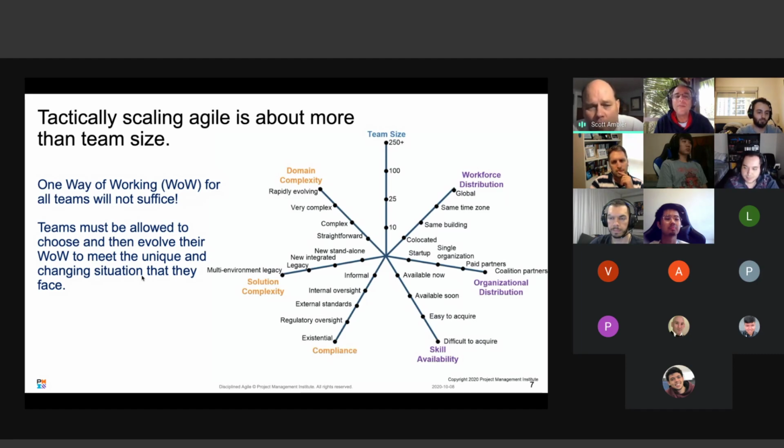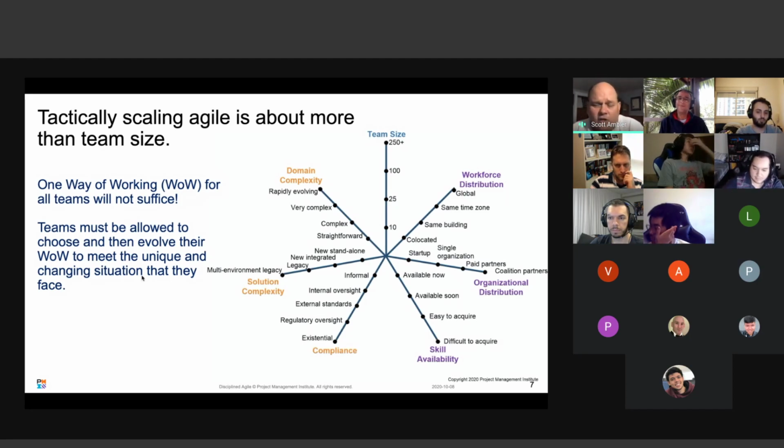So, welcome to grown-up land is my response to that. In Disciplined Agile, we had always recognized that geographic distribution or workforce distribution, where are your people in the world, is a scaling factor. And yes, it's nice to be co-located, but you can still be Agile and be globally distributed, which we are now all learning the hard way, which is good.